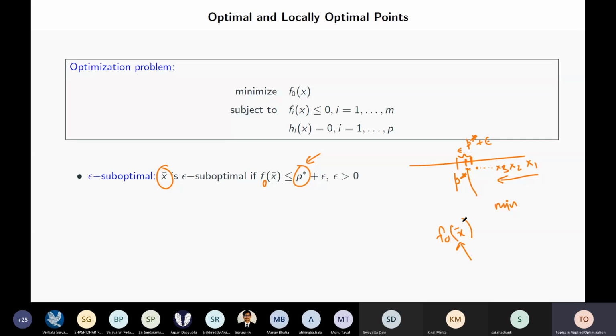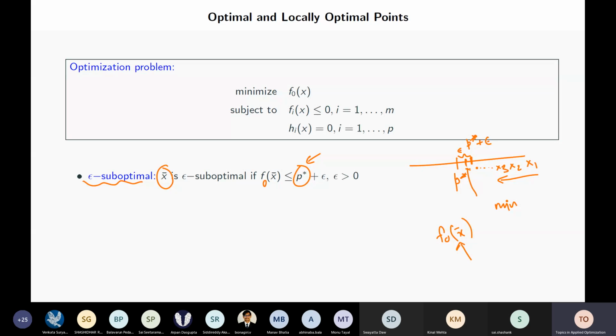It's not optimal yet because I did not hit P star, but I am within the epsilon range of getting to P star. We can call it a locally optimal point, close but not really the actual optimal.